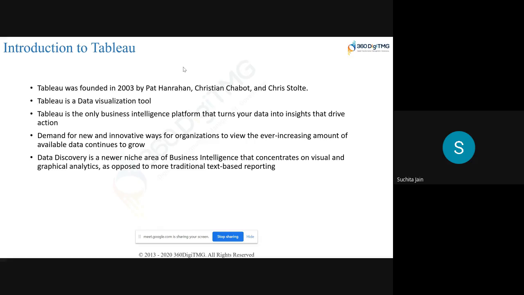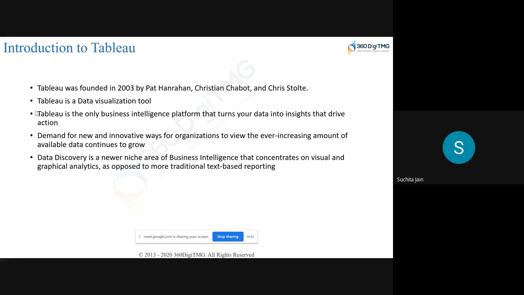Tableau is the only business intelligence platform that turns your data into insights and drives action. I've been explaining this point through different examples of common businesses that we all use on a daily basis.